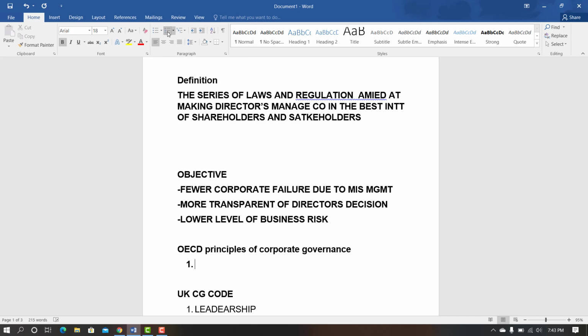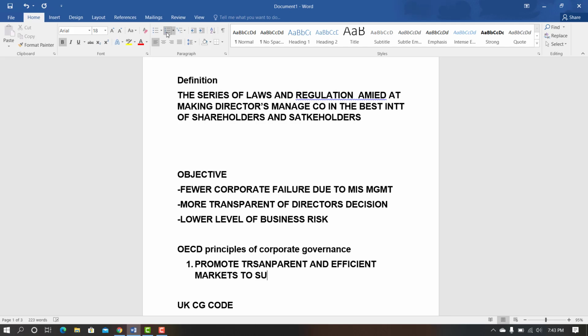The first point is promote transparent and efficient markets to support effective supervision and enforcement.